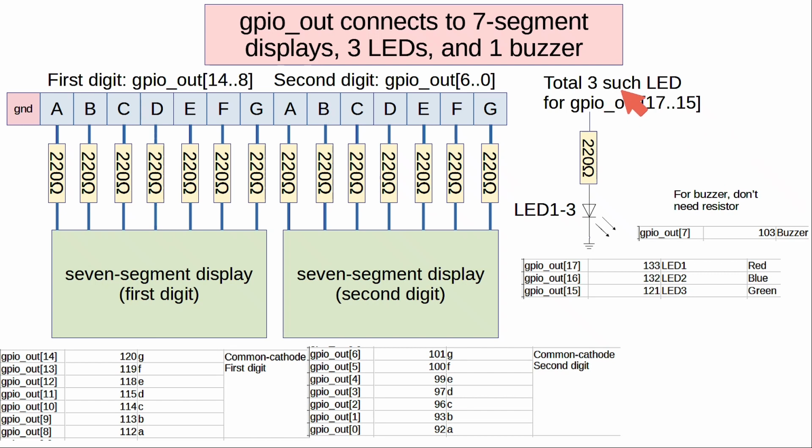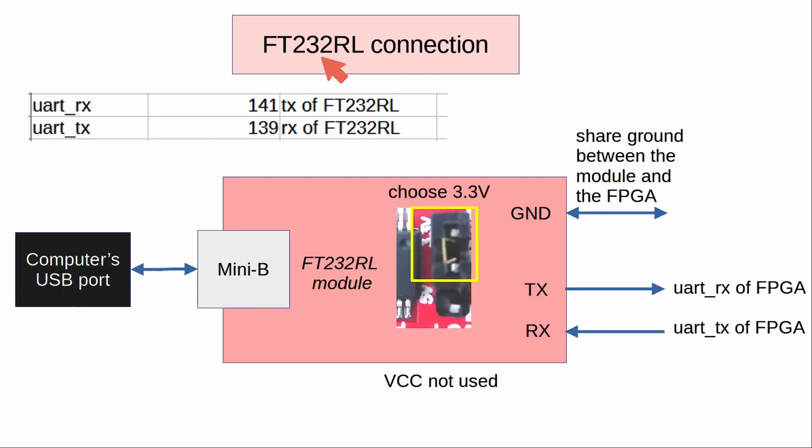And we also have 3 LEDs for indication purposes, and also 1 buzzer for the alarm purpose. For the FT232 module, we connect the UART RX of the FPGA to the TX of the module, and TX of the FPGA to the RX of the module.